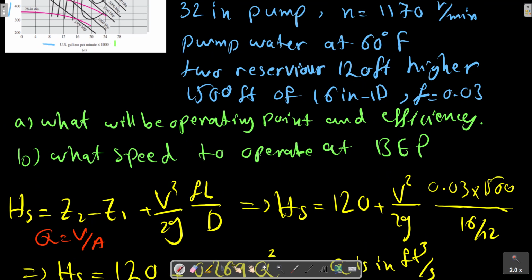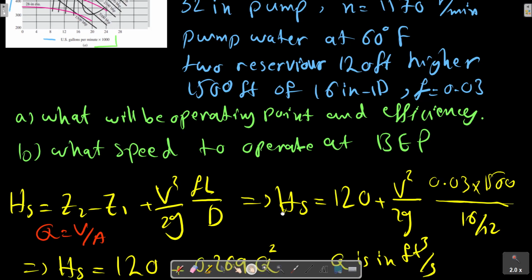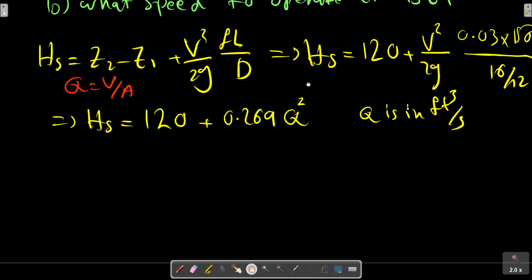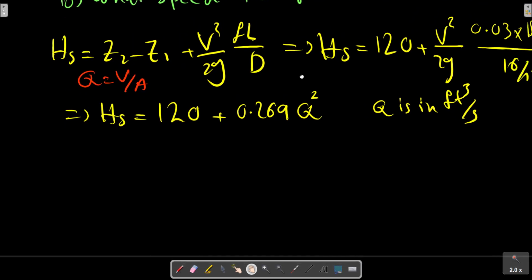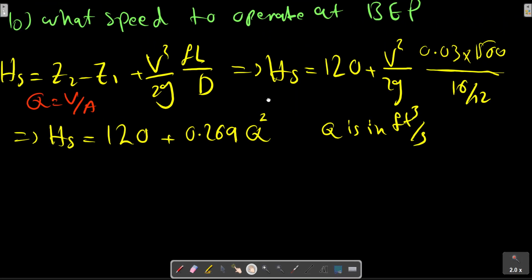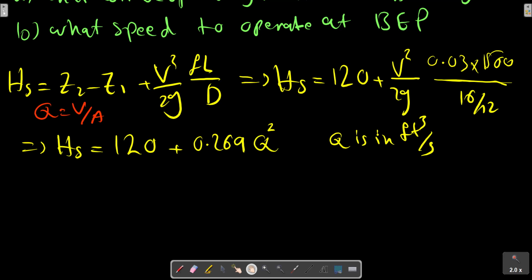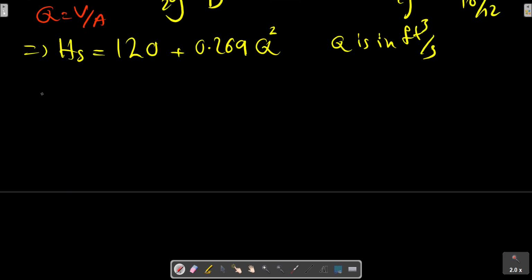for Q as gallon per minute multiplied by 1000. So we should convert this relation to appropriate units, so the Q is in foot cube on second.